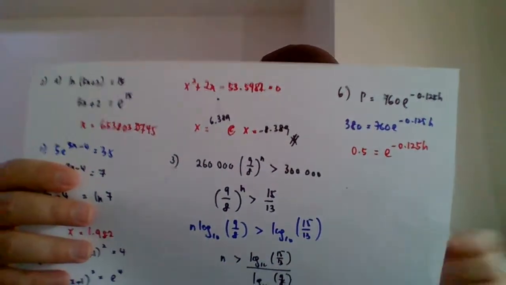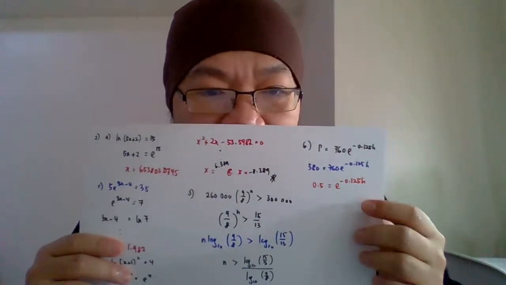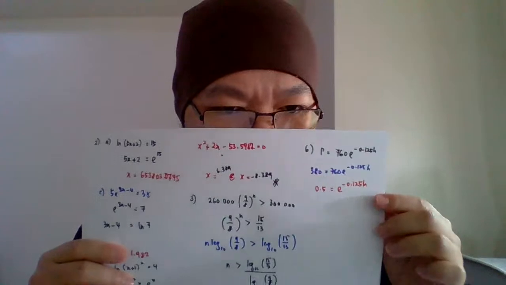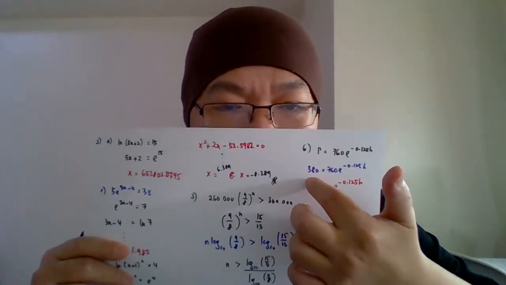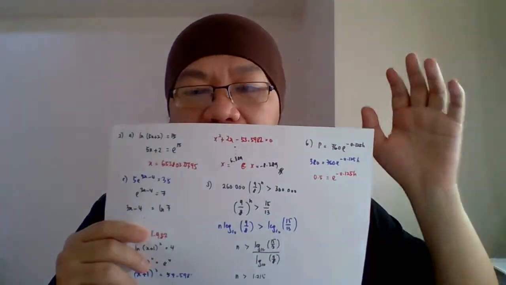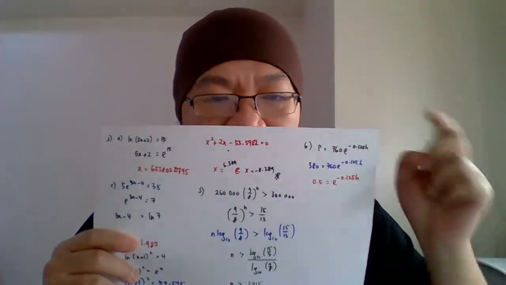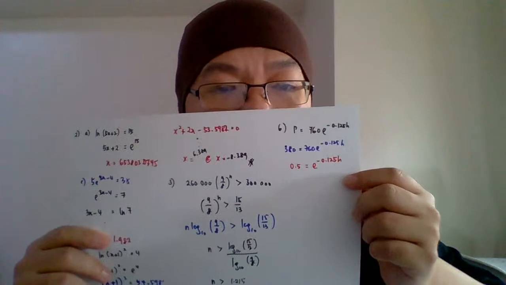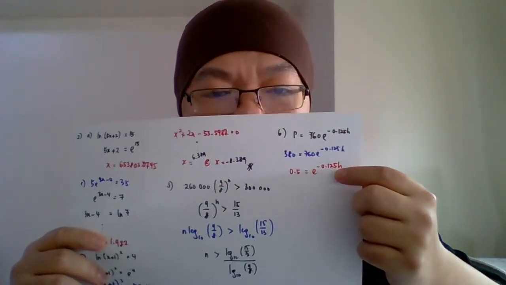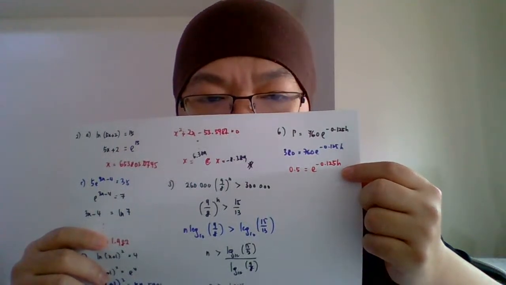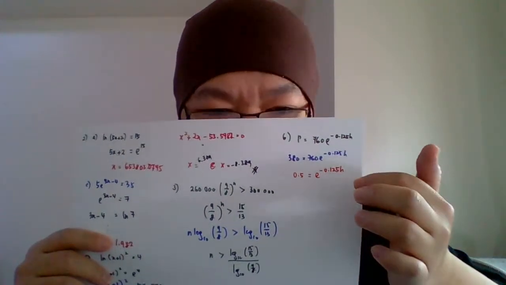So I want to find H, the height needed so that the pressure will become 380 millimeters of mercury. Since 0.5 equals E to the power of negative 0.125H, how do we find H here?